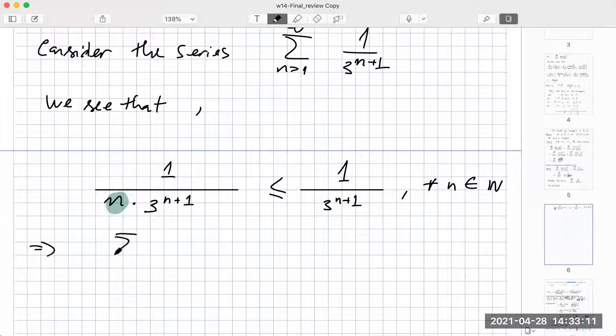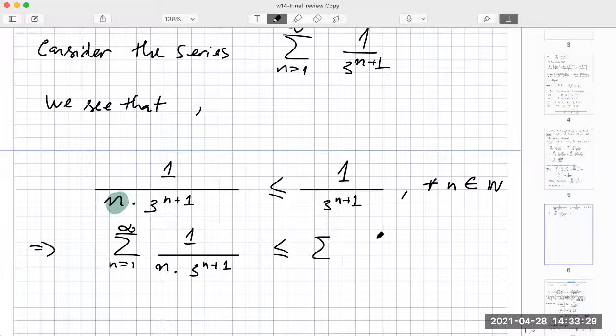Therefore, the series 1 over n times 3 to the n plus 1 is smaller than the series 1 over 3 to the n plus 1. Okay?